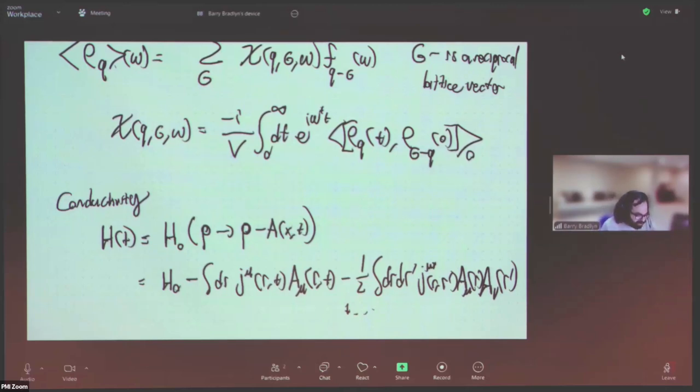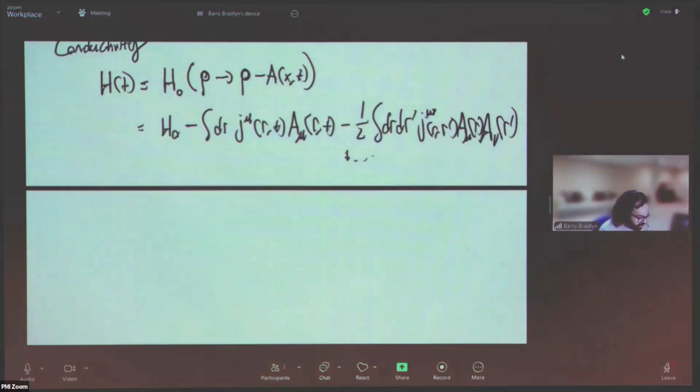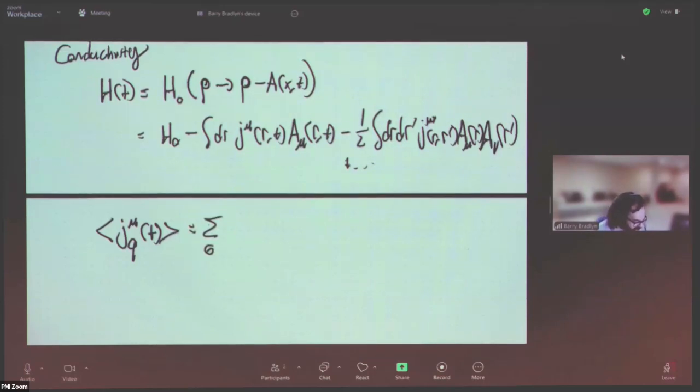If our Hamiltonian is just p squared over 2m, for instance, then this term here is just the number density of particles. So this means that if we look at the average of the current at some time t and some momentum q, it depends, well, there's a response piece that we can get from the Kubo formula.